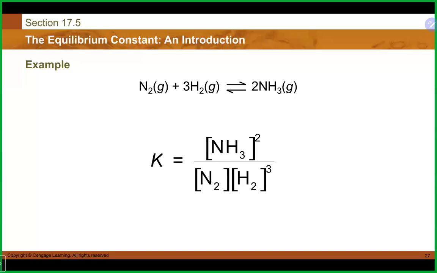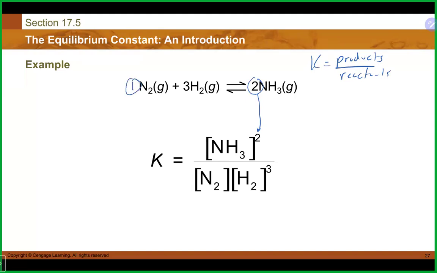Now, here again, if we take a look at an equilibrium, we would write our expression, again, taking our products divided by our reactants. And it's important, as you see here, to use the coefficients as the exponents. So that's where the 2 comes from, the coefficient in the balanced equation. Concentration of NH3, which is our product, squared, divided by the concentration of N2.